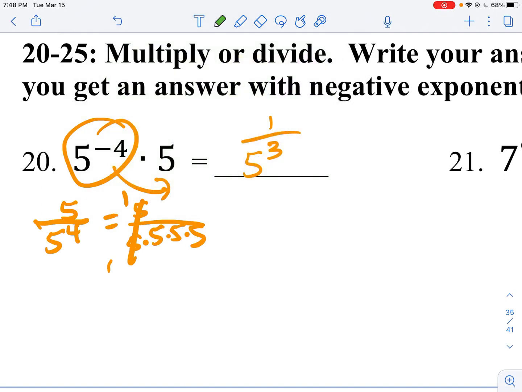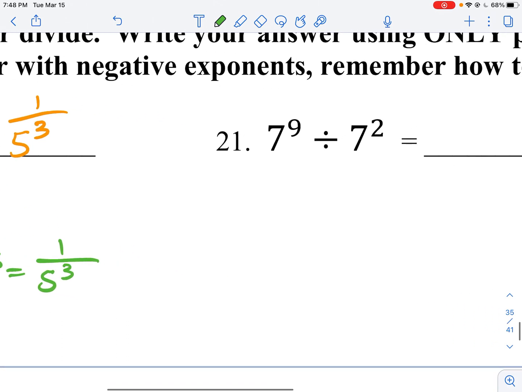Now, if you did it using our properties, you would add those. You would get 5 to the -3, and that becomes 1 over 5 to the 3rd.